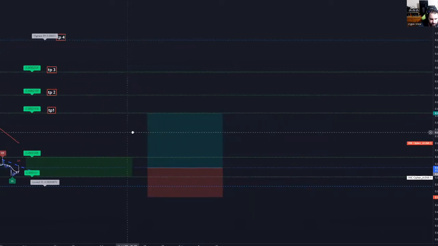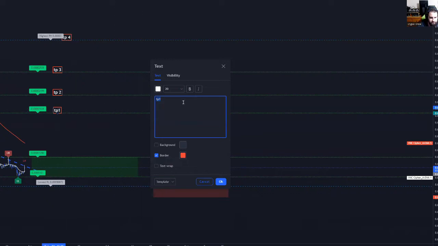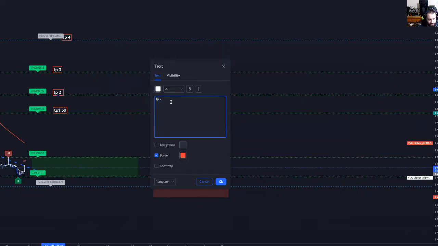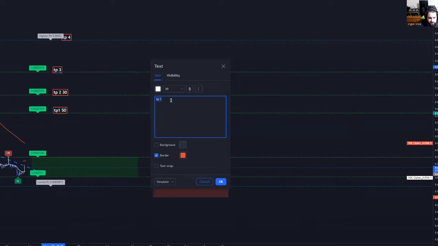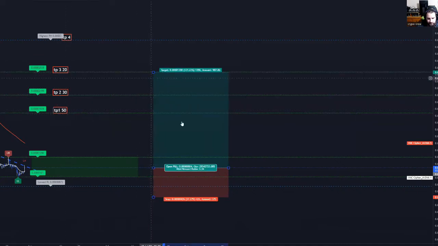So the robot, when it trades, I can set this take profit 1 will take 50% of the trade, and then take profit 2 will take another 30% of the trade. Take profit 3, you guys want to take 20%, and then we're not going to go to take profit 4. We're just going to go 50% there, 30% and 20%. So that would go all the way up.